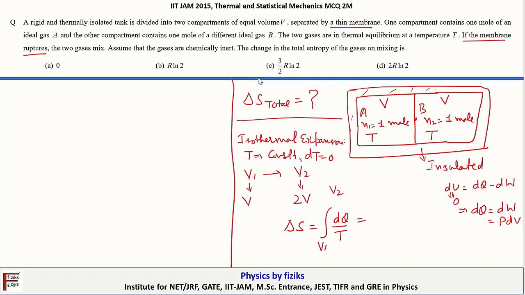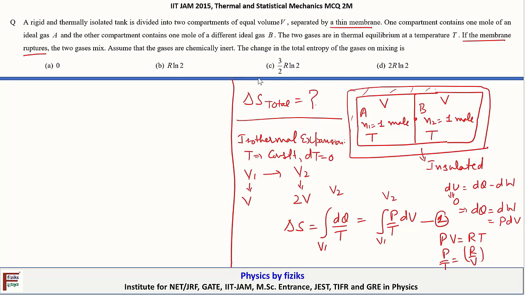So delta S will be the integral from V1 to V2 of p by T dV, and now pV is equal to nRT, because n is 1 mole for each gas, so pV is equal to RT. So from here p by T will be R by V. Let's call this equation 1.